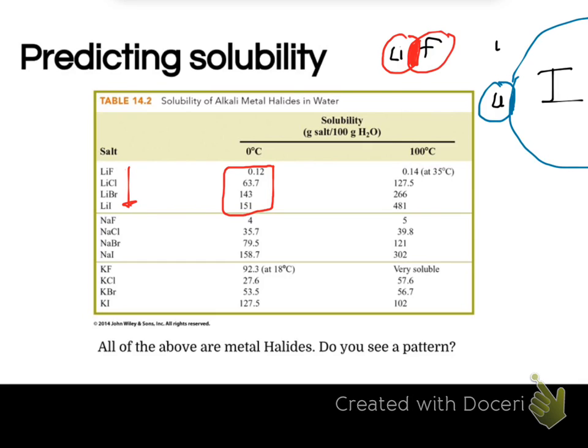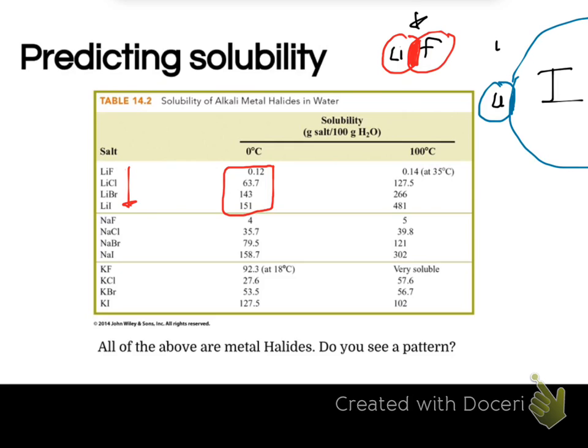So if the intramolecular force is weaker, that means it's easy to split them apart. Lithium and fluorine are connected to each other a little bit better. They overlap more. So that means that they don't separate as easily, which means they're not as soluble, okay?